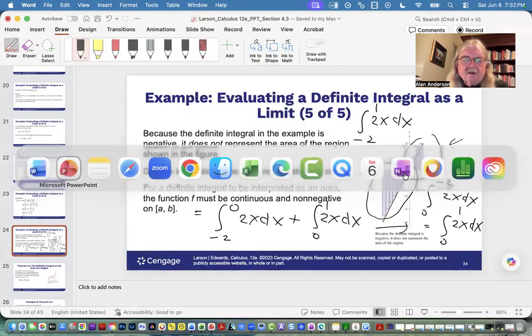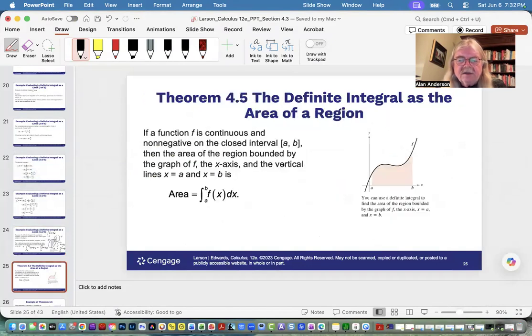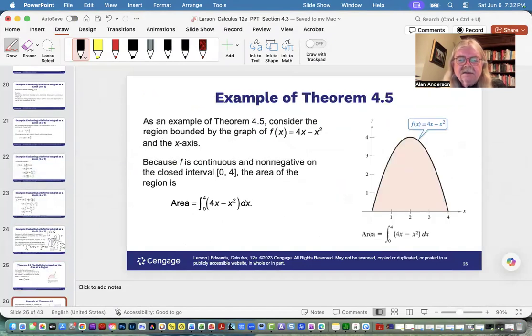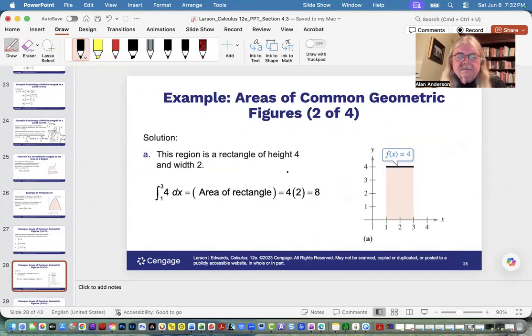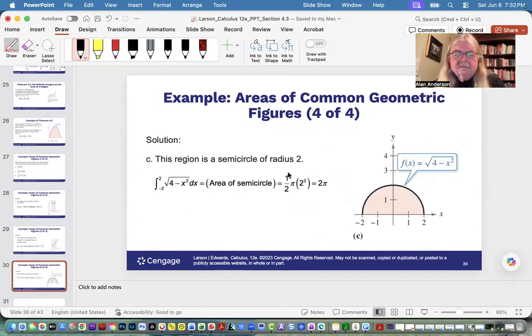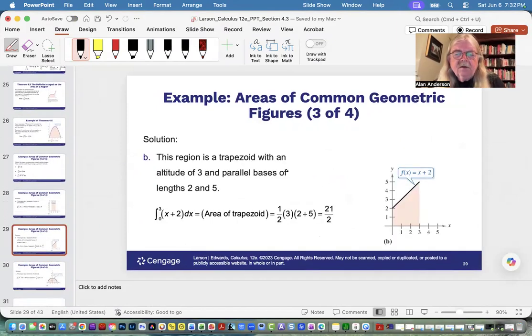All right. What else? What other properties do we need to know? Wow, that one turned out to be a trapezoid. Huh, look at that.